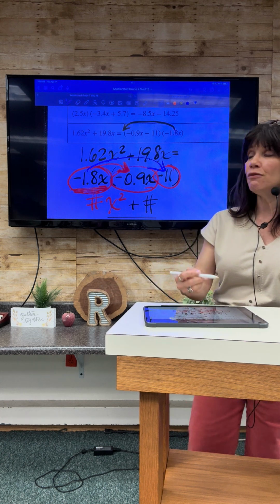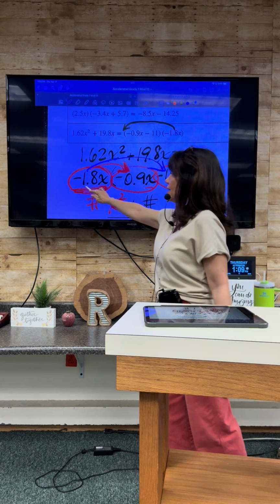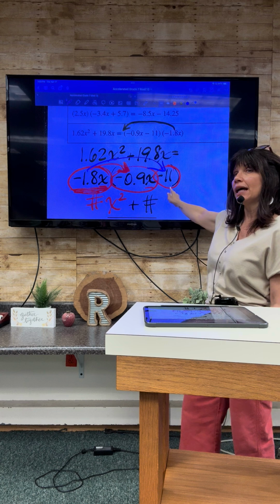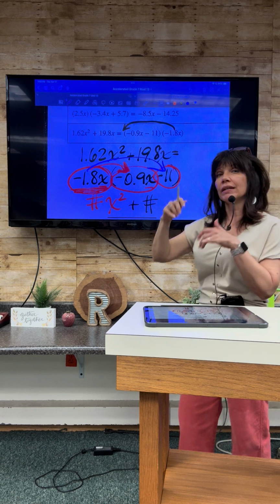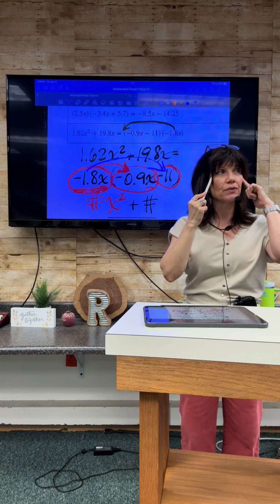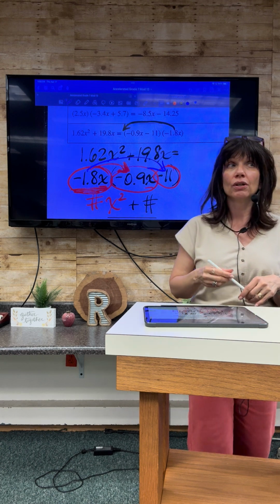And then was there any value of x I need to include here? This is negative 1.8x times negative 11. So put the numbers in the calculator, and then let's just think about the x values. Did I have any x's involved in this situation?